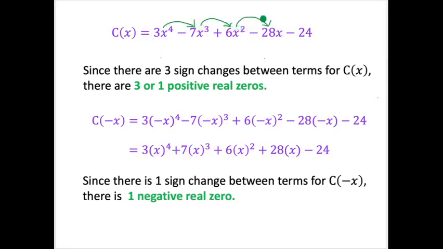And this is positive to negative. And then there's no change here. We have a negative and a negative, so there's no change. So there's only 3 sign changes. Since there are 3 sign changes between terms for c of x, there are 3 or 1 positive real zeros.